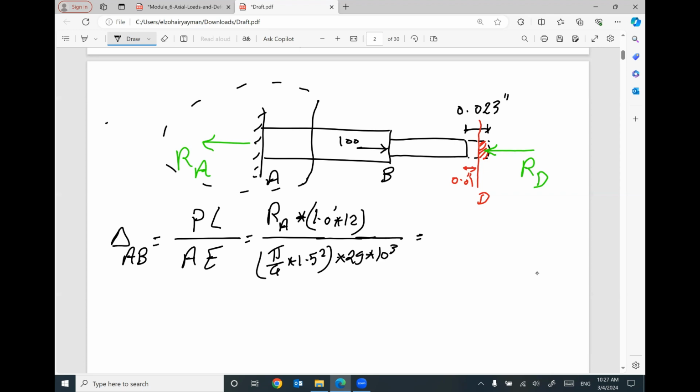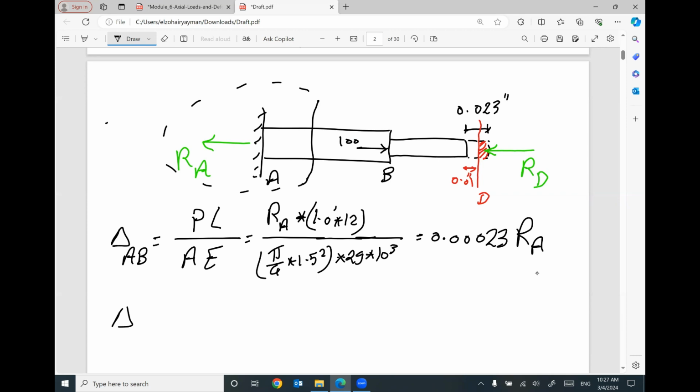What is this value? It equals 0.00023 RA.